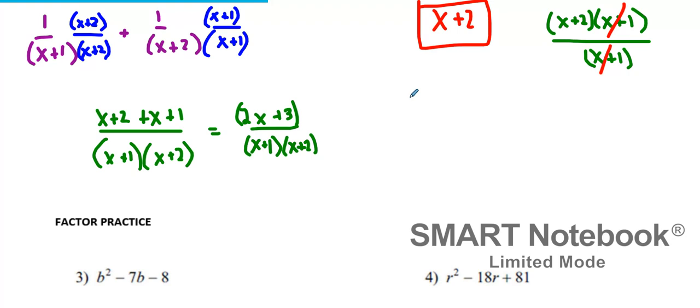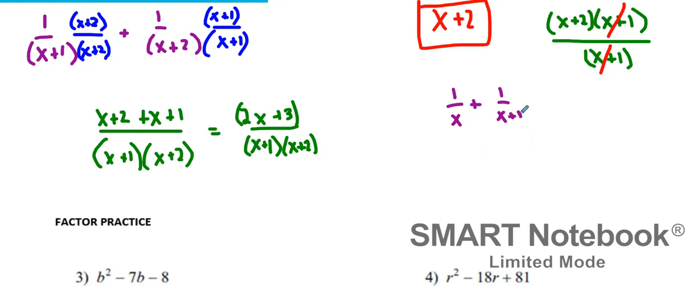One last example. I'm not going to work out the whole thing, but just to show you a similar problem, just to get started on it. 1 over x plus 1 over x plus 1.